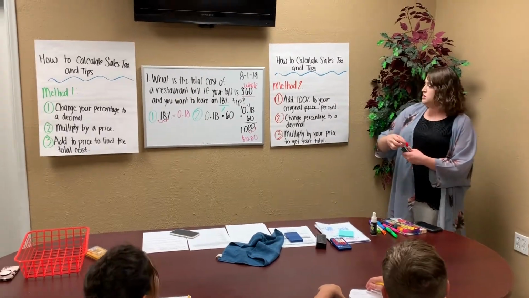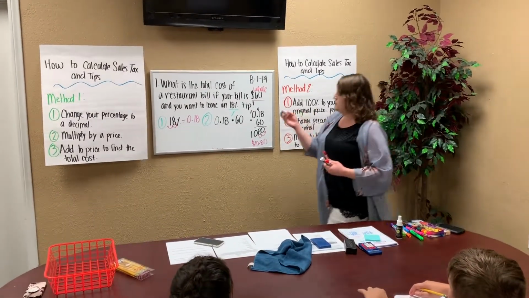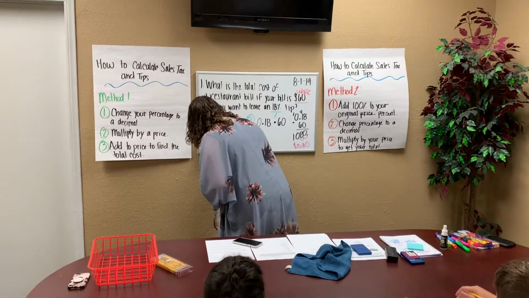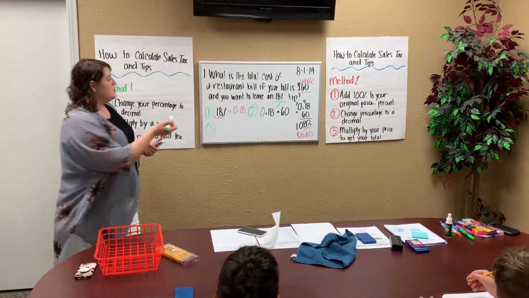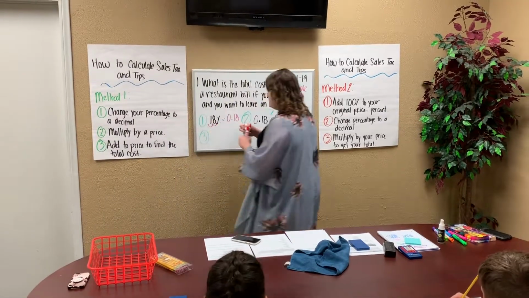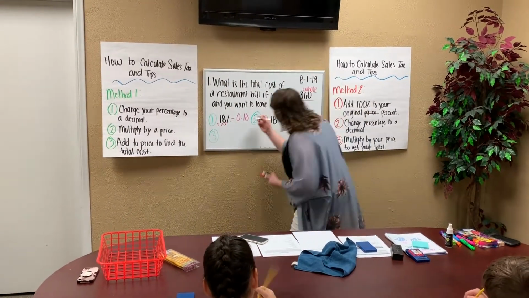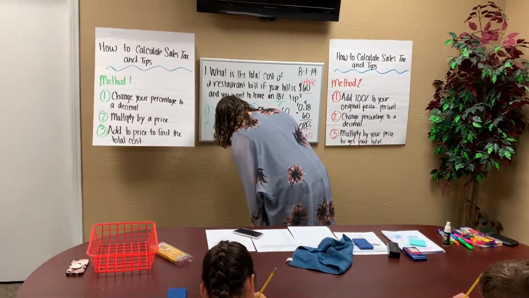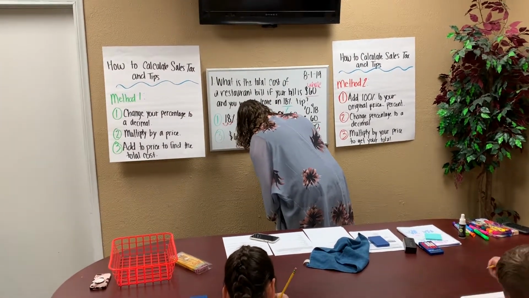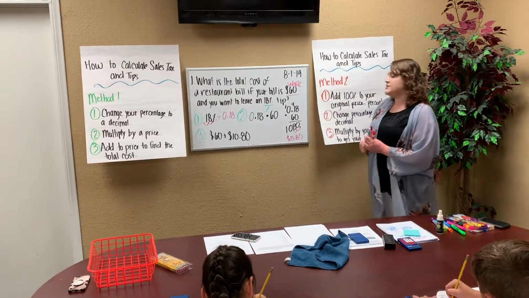Yeah. And our third step, we need to add that $10.80 to our original price, which was $60. So I'm going to take my $60, bring it down, and add it to $10.80.